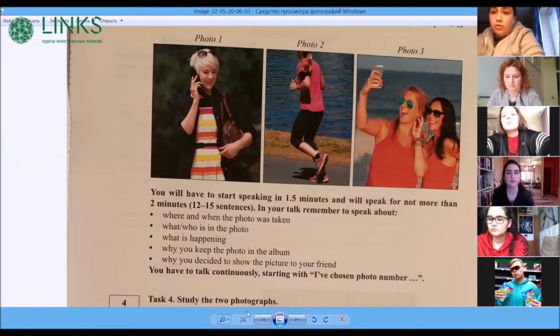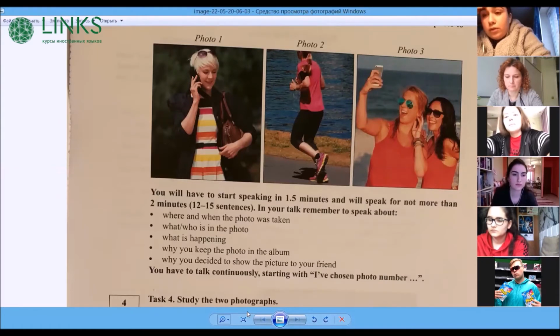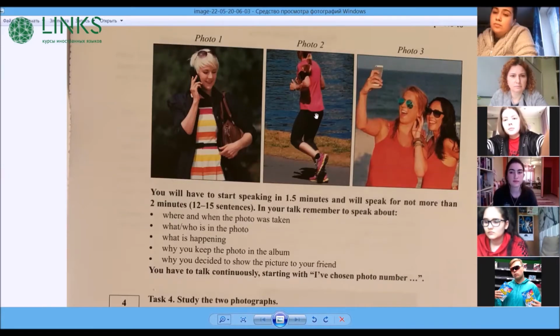I have chosen photo number 2. I took this photo last summer in a park near my house in Moscow. In the photo, you can see my best friend, Stacy. I took it last holiday when I was in the park near my house.